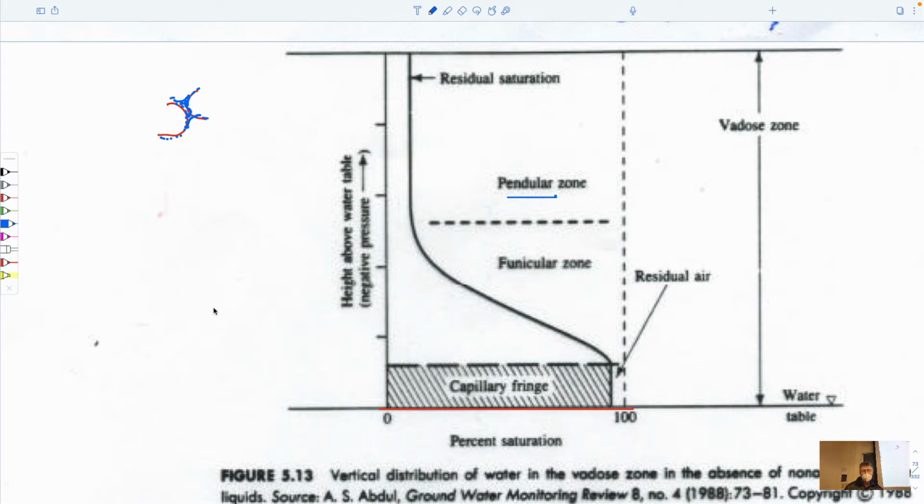And the funicular zone would be where, again, for the same geometry, if you had grains that exist, then a bubble of air. So everything around here is water except for that bubble of air.